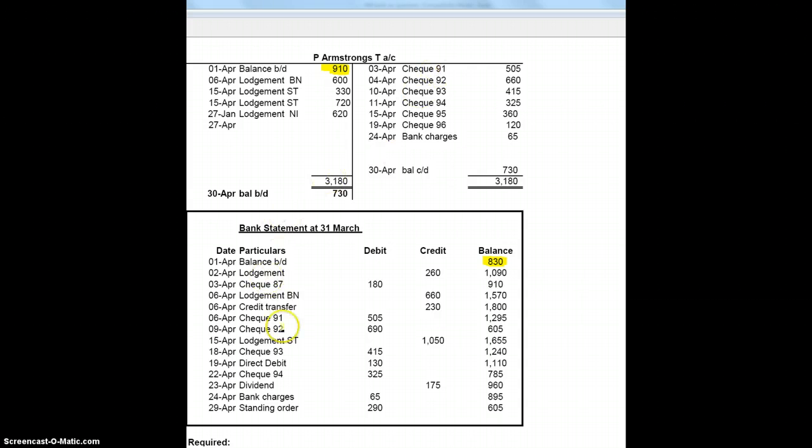When we look at the bank statement, most of the checks are 91, 92, 93, 94, so they're all from checks that were written, but we see here check 87, and this 87 is earlier than the 90s up here, so it must have been written in a month prior to March. So what we need to do then is just take that away from the opening balance, and that's what we're going to do now.